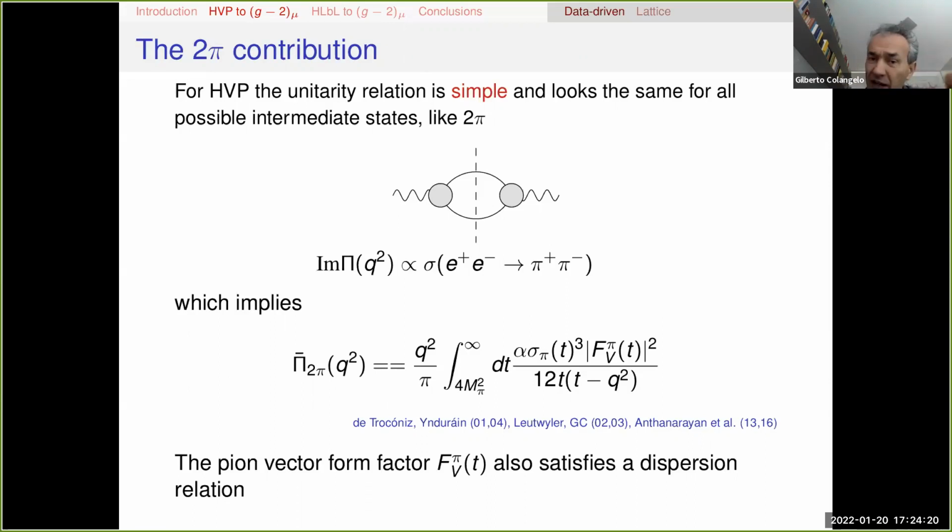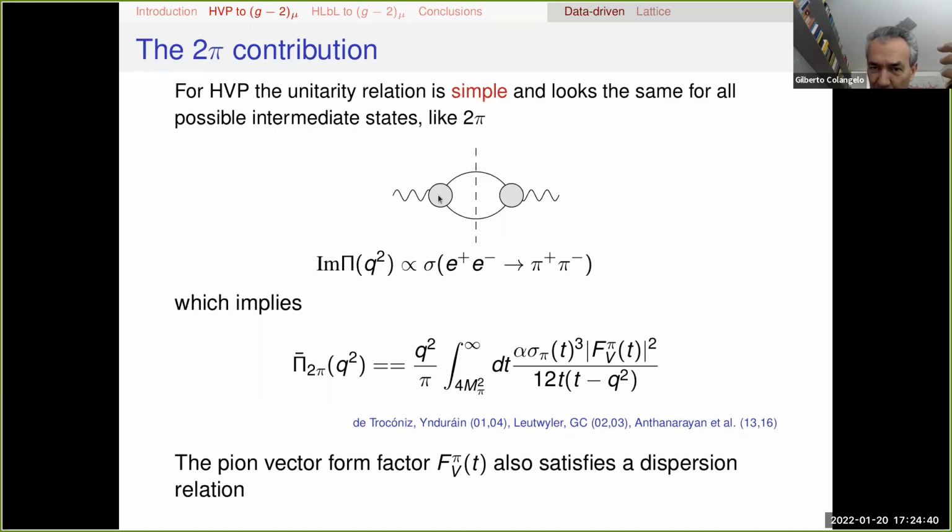And what these two analyses haven't done, but what one can do, is to take into account that if you consider the 2 pion contribution, this can be expressed in terms of another hadronic amplitude, which is the vector form factor of the pion.